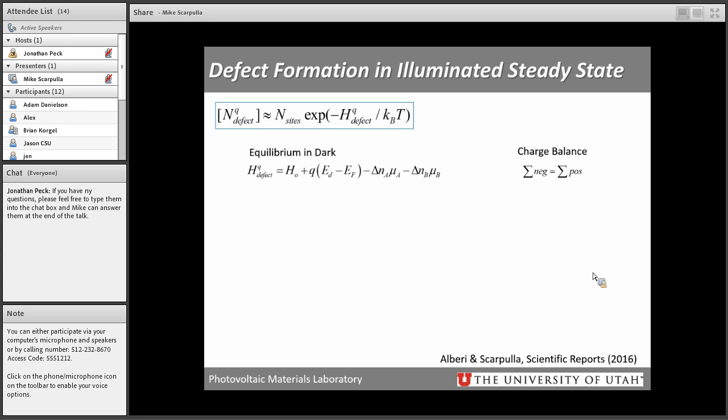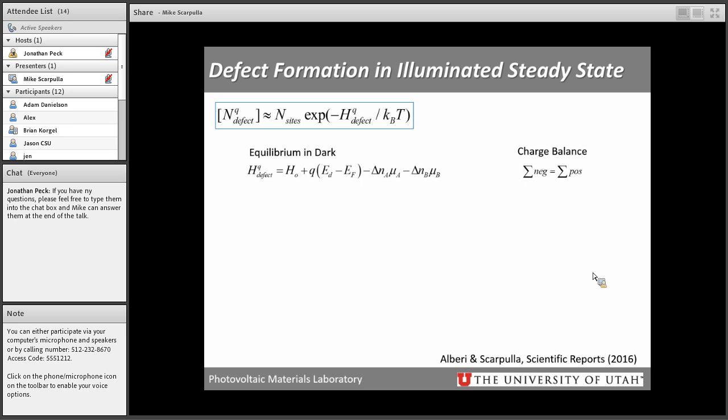Usually in the dark, if you want to figure out how many vacancies or antisites or interstitials your sample will have, you would solve a system of equations, one for each defect, like that in the box in the upper left. Each defect has a formation enthalpy, and you're assuming that the major entropy is configurational entropy, and so you get this exponential term that looks like a Boltzmann term.